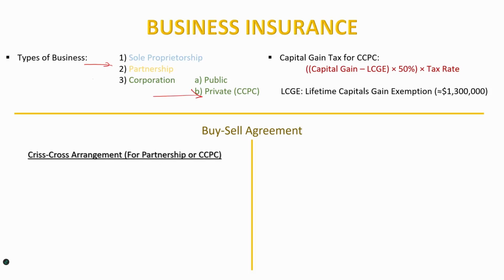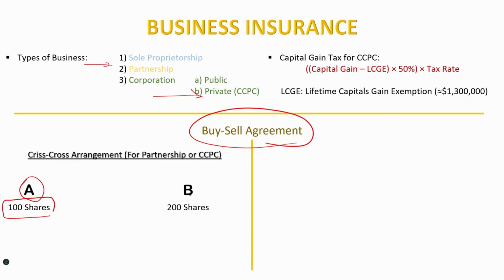All right. Now, how does this work? Let's say there's shareholder A that has 100 shares, and person B that has 200 shares, and they want to make sure that if one of them dies, the other one is going to buy the other's shares. So this is what they call the buy-sell agreement. They're going to have an agreement that if A dies, B is going to buy those 100 shares.